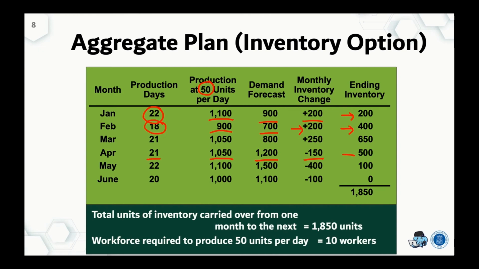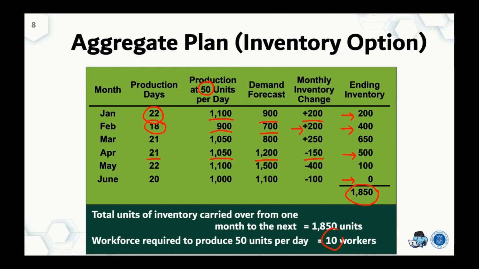So our inventory is reducing, becoming 500, and then we can do the same calculation until the month of June, where the ending inventory is 0 at the end of June. So the total inventory from January to June is 1850.